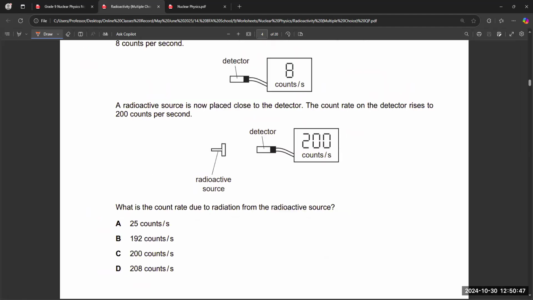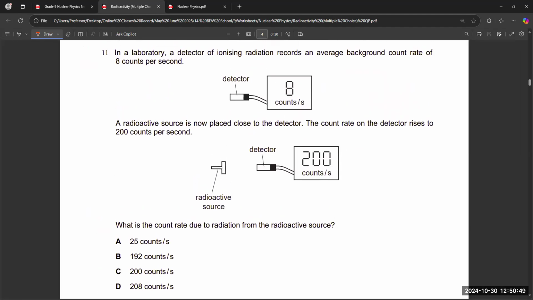Okay, question number 11. Question number 11 is slightly different because it includes the background radiation. So in a laboratory, a detector of ionizing radiations records an average background count rate. Background count rate means some radiations already exist in our atmosphere, in our surroundings. Okay, but those radiations are not harmful.